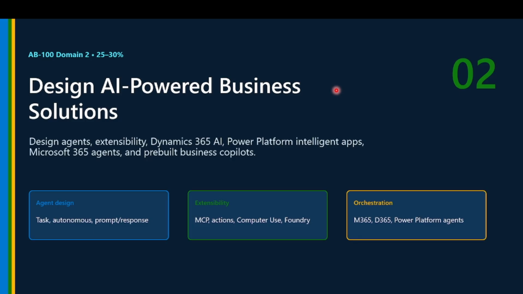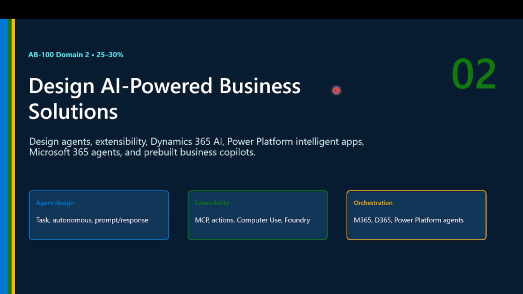So in this lesson, we want to look at where we stopped in Domain 2 of the AB-100 examination, designing the agentic AI solution architect. Domain 1 is planning.